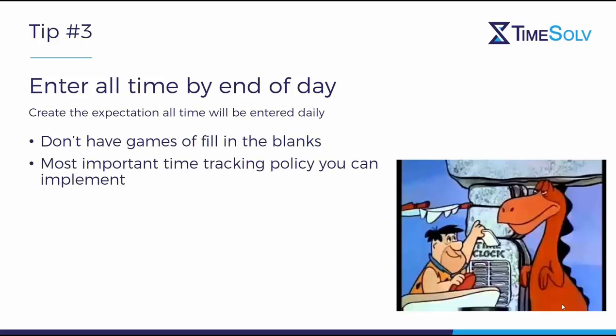This perhaps could be the most important time tracking policy that you could implement. Okay, because it's a real culture shift mentality, and you have to get buy-in from everybody that you're going to have everyone enter all their time by the end of the day. Like Fred Flintstone there, as you can see, as he punches in his time clock.